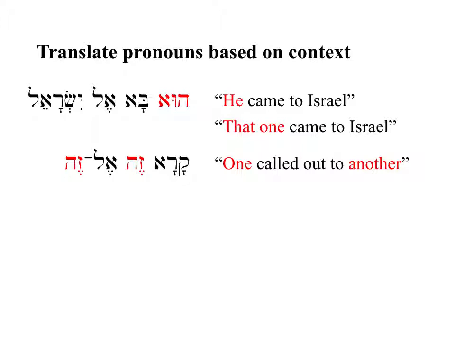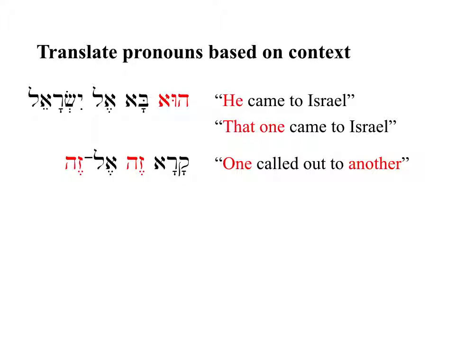So, kara ze el ze, he called out, namely this one, to this one, is an odd expression in English. While it may be good in Hebrew, in English we would say one called out to another, or this one called out to that one. We're going to use some other equivalence in order to capture the sense of the text.